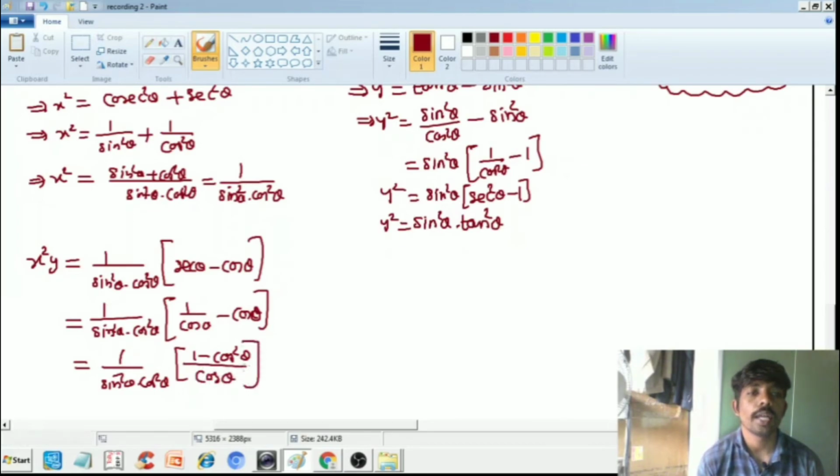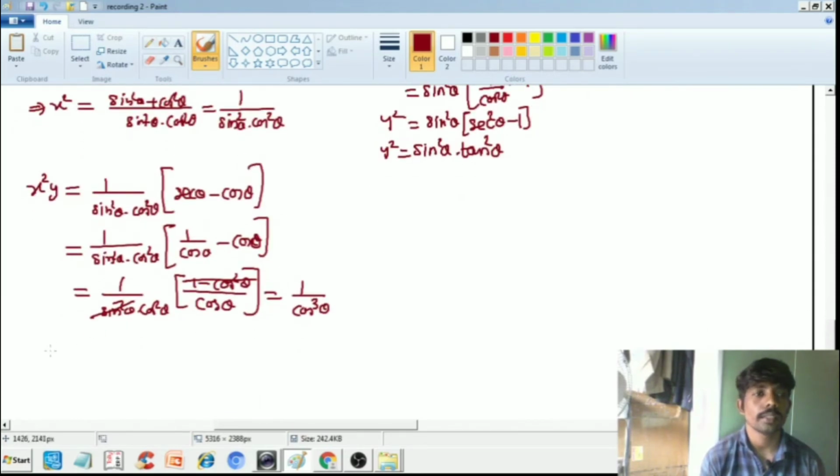According to identity 1 we can write this as sin square, okay? 1 minus cos square is sin square, sin square cancels, and you will get 1 by cos cube. Hence we can write x square y is equal to 1 by cos cube theta. Now this cube bring to the left hand side.